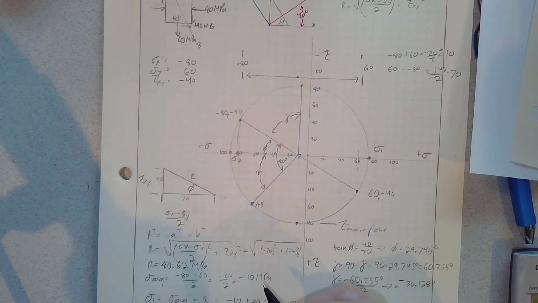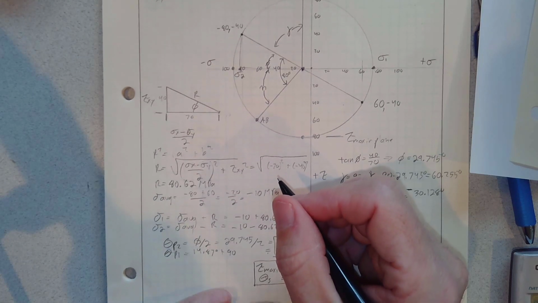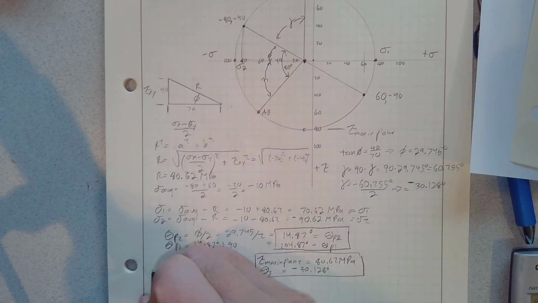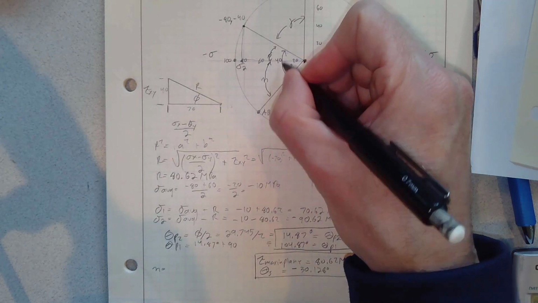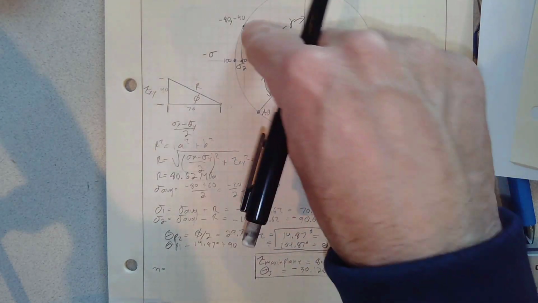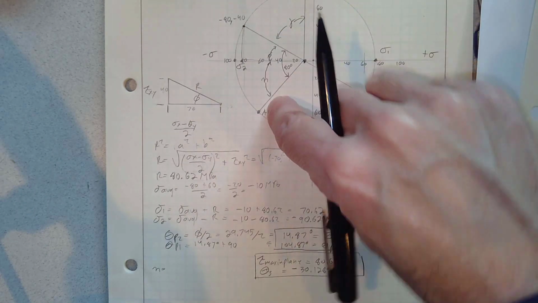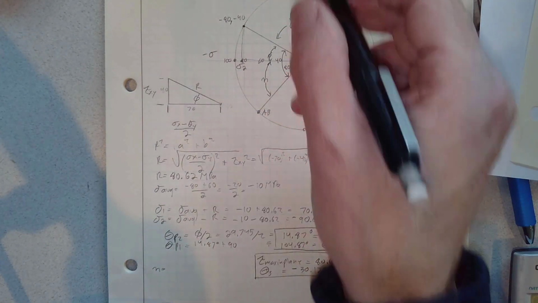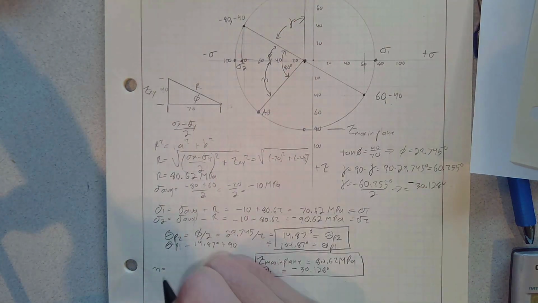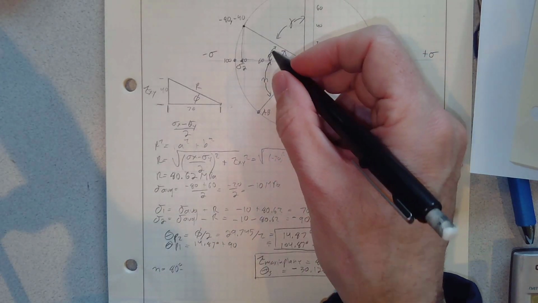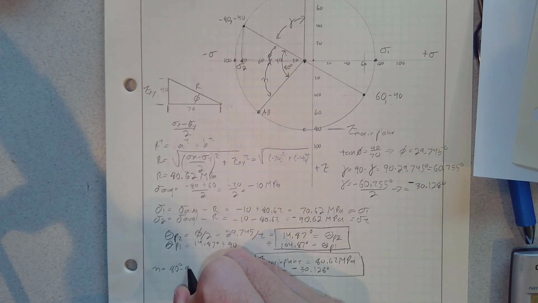So to find the value of that, our little nu is equal to 80 degrees. That's the angle between our given original state and our rotated state. And it's 80 degrees because that's twice the rotation in the real world. So 80 degrees minus, this one was 29.745.